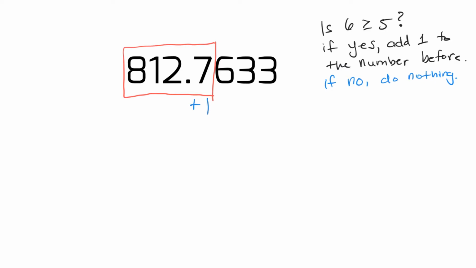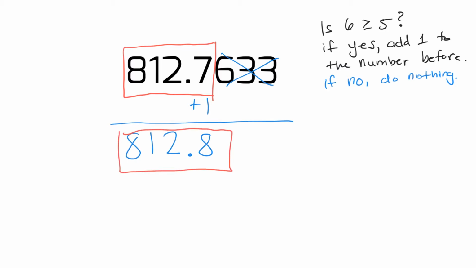I'm going to add 1, and then I'm going to ignore all this. And then 7 plus 1 is 8. Put down my decimal and then bring down everything else. And then this is my answer. That's a proper estimation to the tenths place.